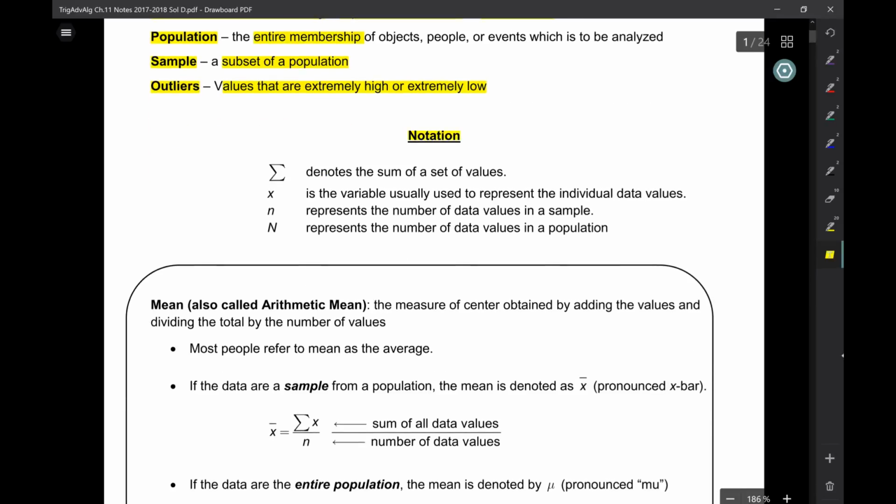Okay, notation. This symbol here looks like an E. It's actually the Greek letter sigma. This is a capital sigma. So the Greek alphabet, right? You have alpha, beta, gamma, and so on.